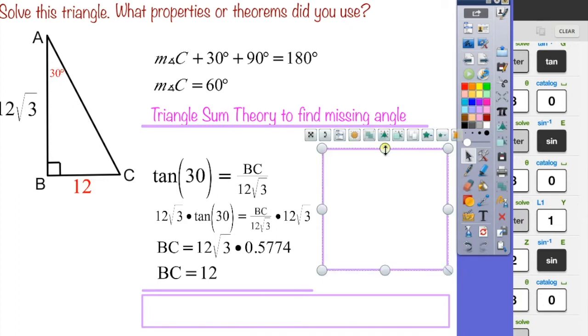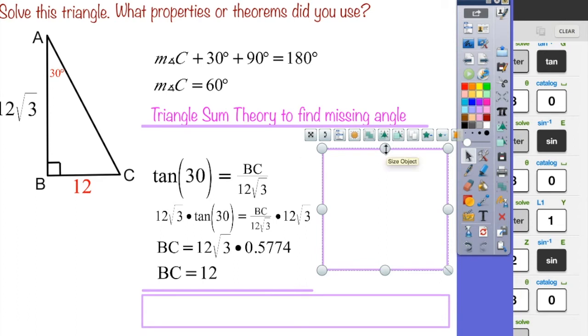Okay, so are we going to use the sine of angle 30, the cosine, or the tangent? Well, we need something that deals with hypotenuse because AC is the hypotenuse. That means SOH CAH. Well, if I want to use 12, because I don't want to end up using the more complex number of 12 square root 3, that means I have my opposite side and I am missing the hypotenuse.